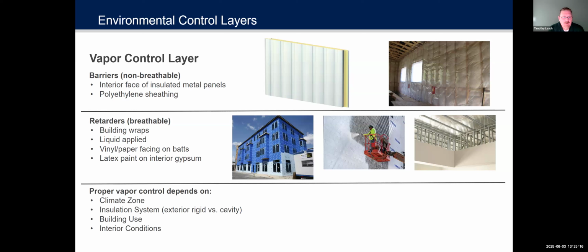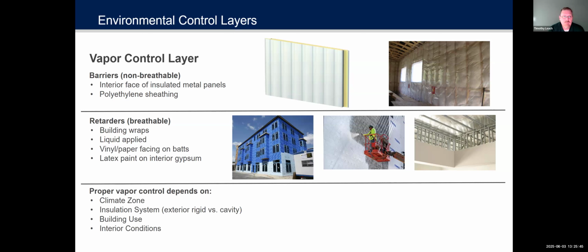Okay, so proper vapor control, and this is important, it depends on the climate zone, the insulation system, building use, and interior conditions. So the climate zone, of course, is it a hot environment? Is it a cold environment? Is it a wet environment? Is it a dry environment? The insulation system, where is that insulation? Is it rigid? Is it in the cavity? Is it both? The building use, is it an office? Is it a pharmaceutical facility?